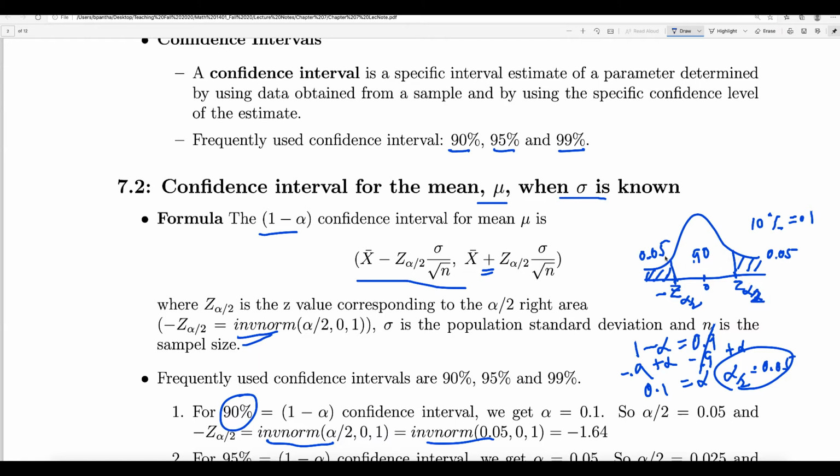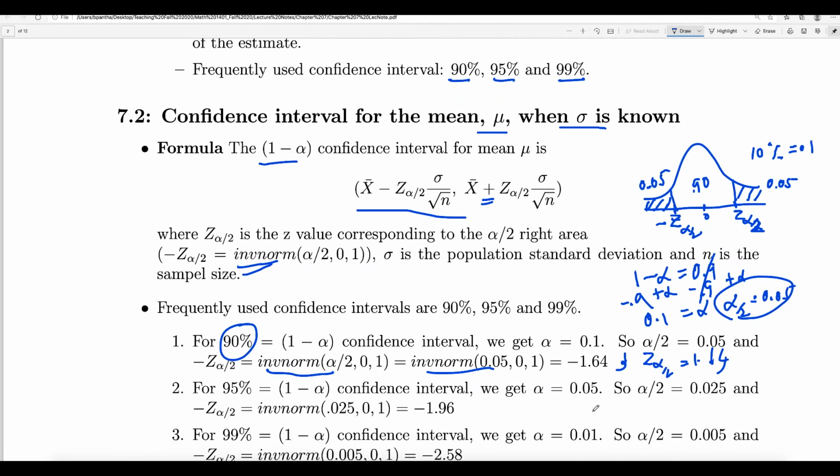The left area is 0.95. So you can do inverse norm of 0.95, 0, 1. It will give you positive 1.64. So positive g alpha half is 1.64 and negative g alpha half is negative 1.64. This is what you find for the 90% confidence interval.